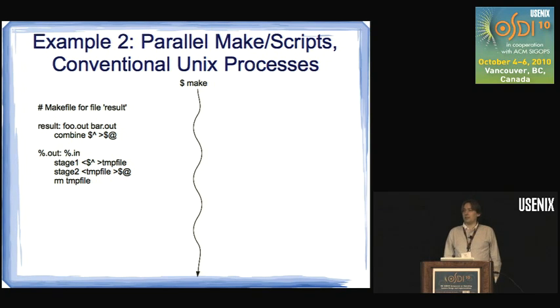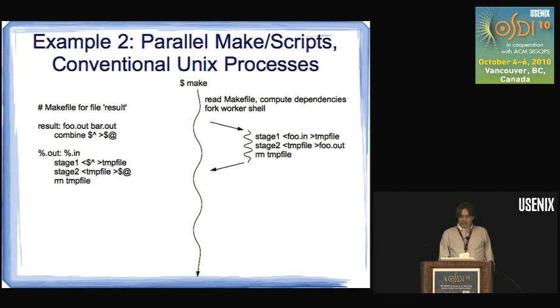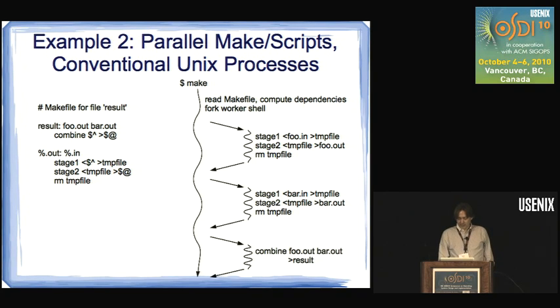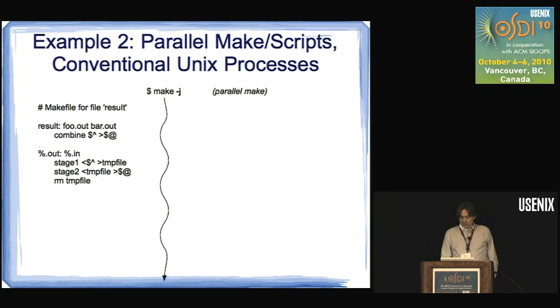If you run this under normal serial make, make is going to compute the dependencies and then fork a subprocess to compile foo.in to foo.out using this two-stage process. Then it's going to compile bar.in to bar.out. Each of these creates and deletes a temporary file in its process, but it works fine in a sequential setting, and finally it combines these into some output.